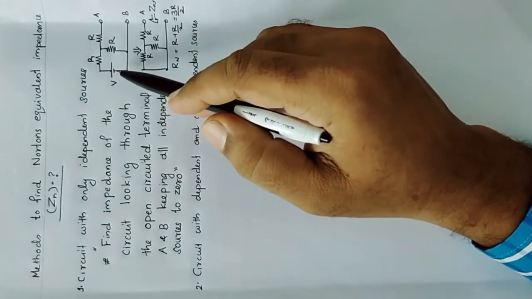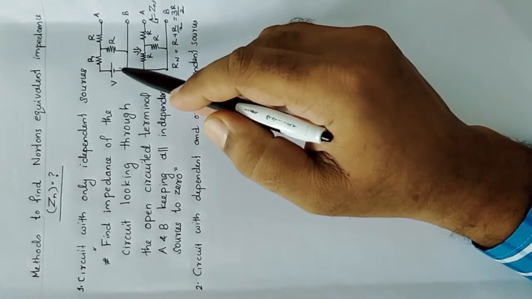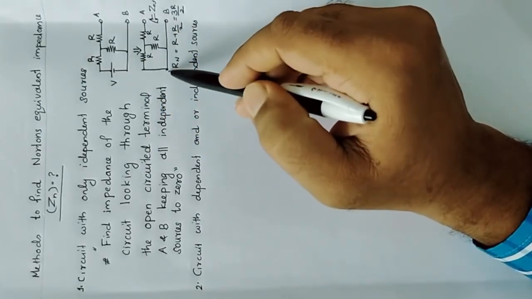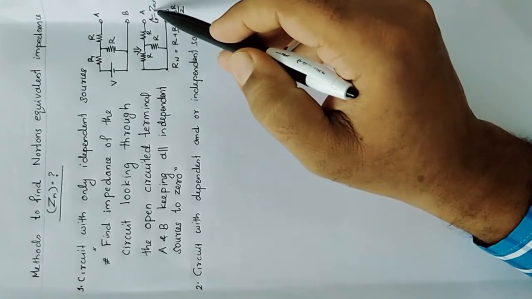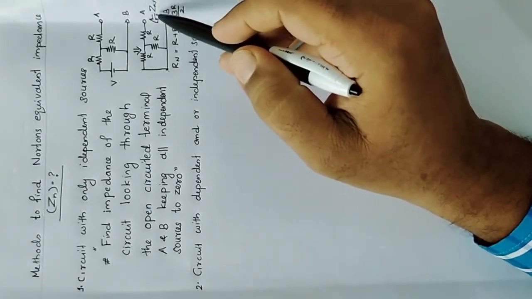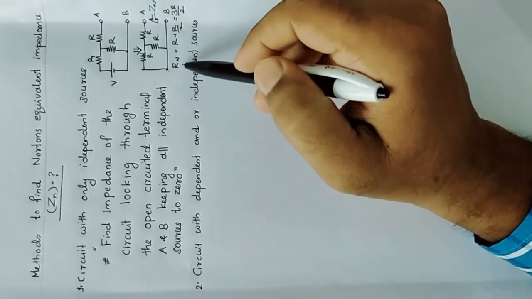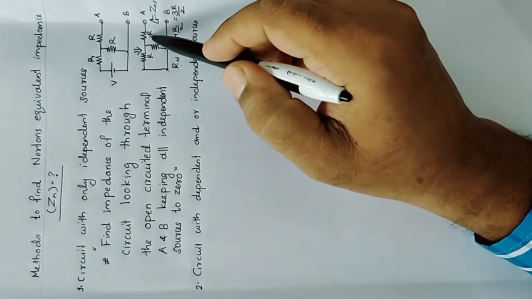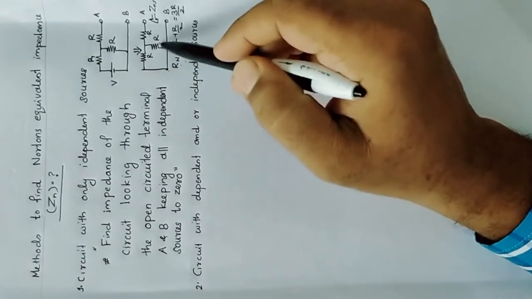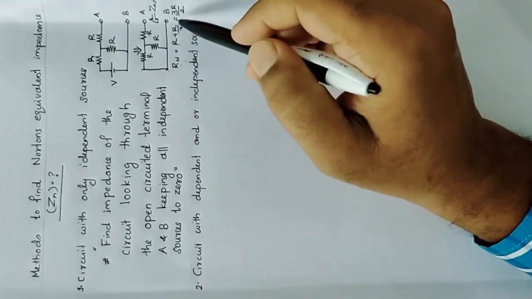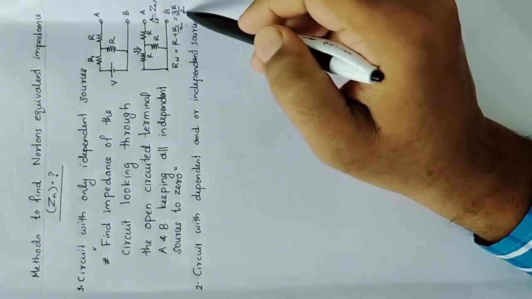The internal impedance of a voltage source is zero, therefore we can replace the voltage source by a short circuit. So, considering this example, the impedance seen through the open circuit terminal is like this. Rn is equal to this R in series with this parallel combination, so R plus R by 2, which gives 3R by 2.